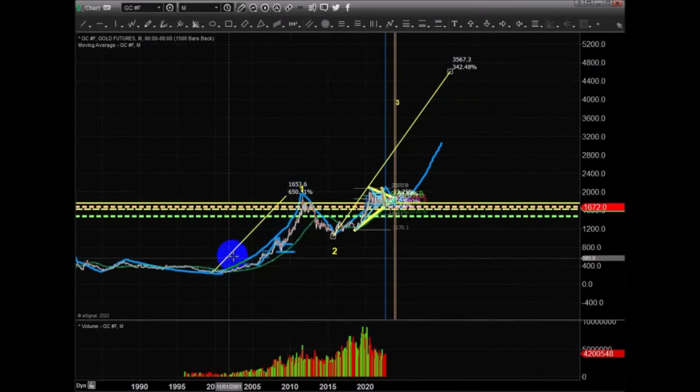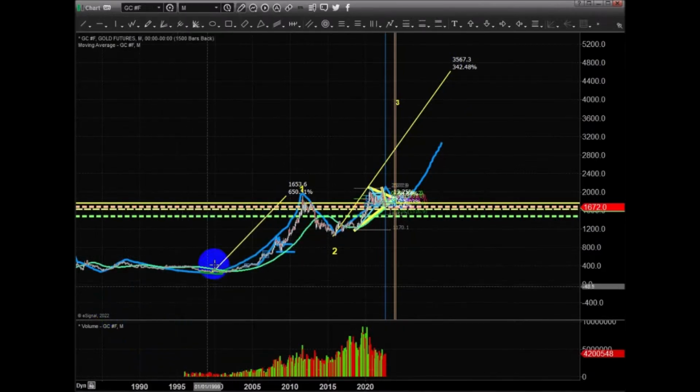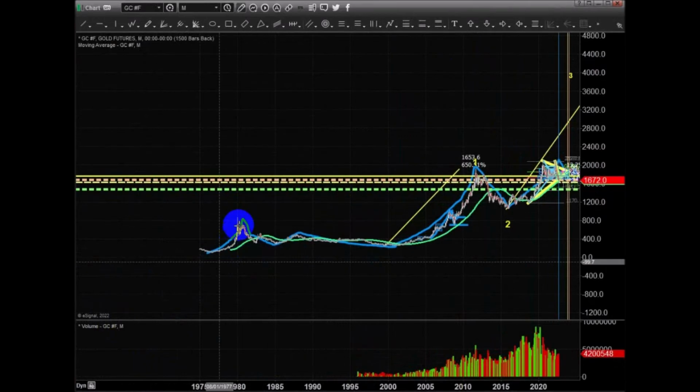So understand that depending on how we need to count this, we would need to see if this is a new wave 1, 2, 3 formation, or if this is a 5-wave formation from back here.